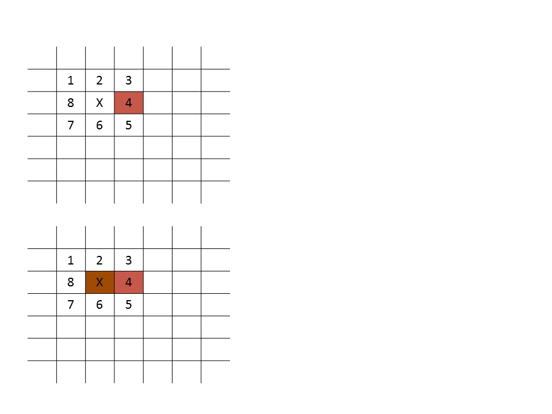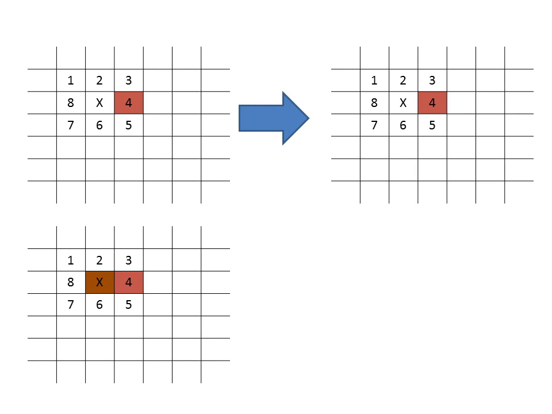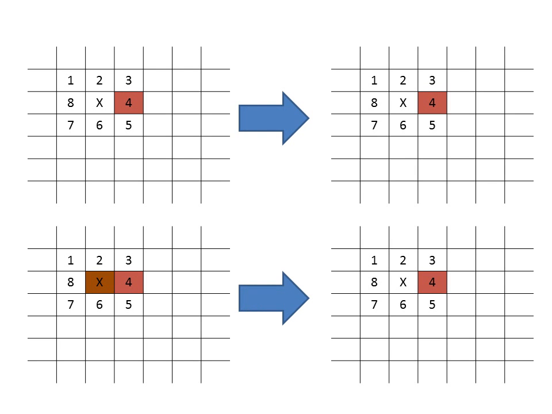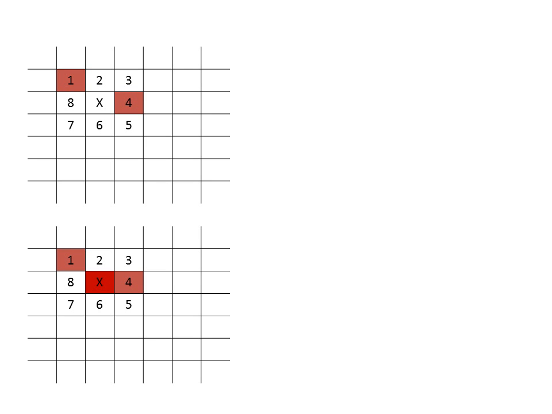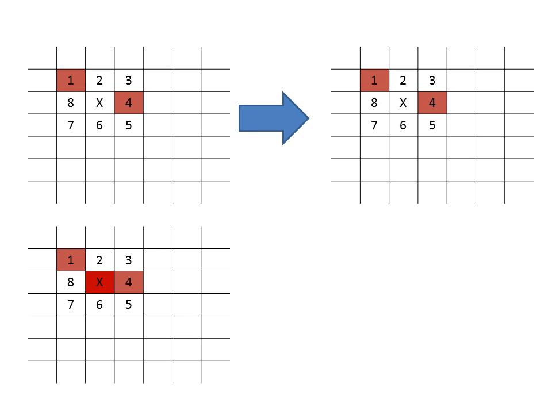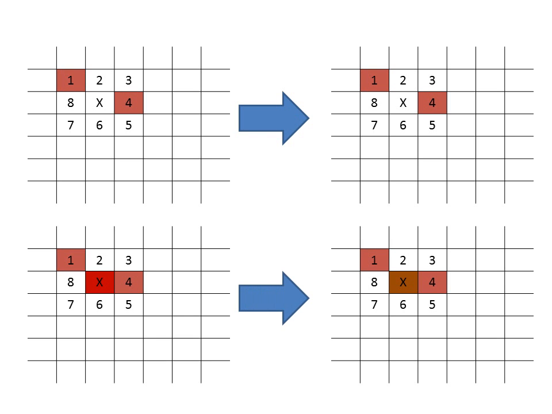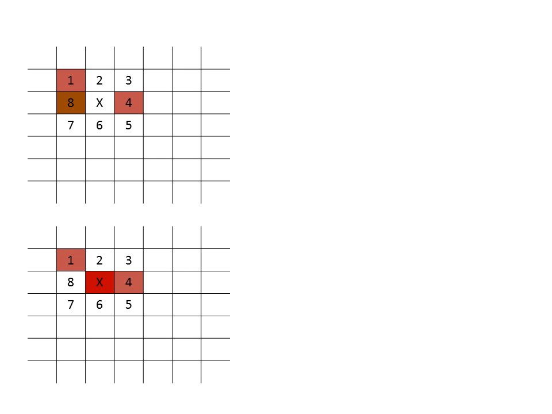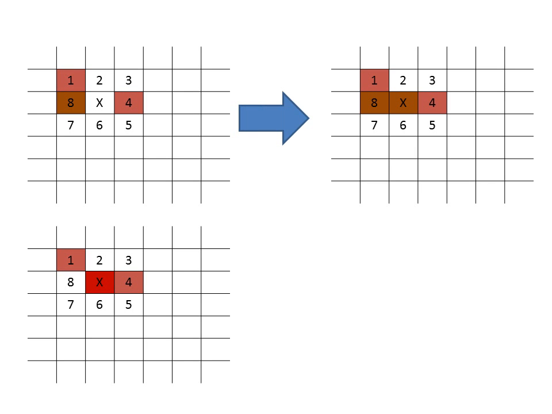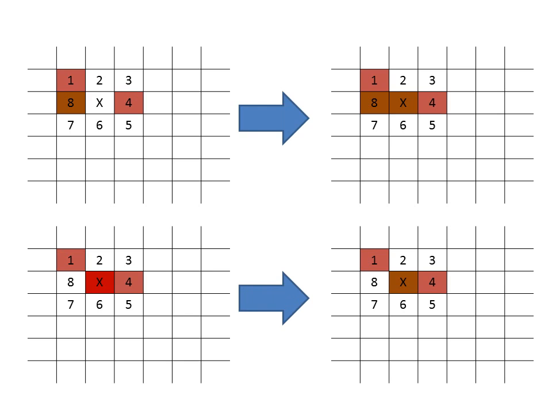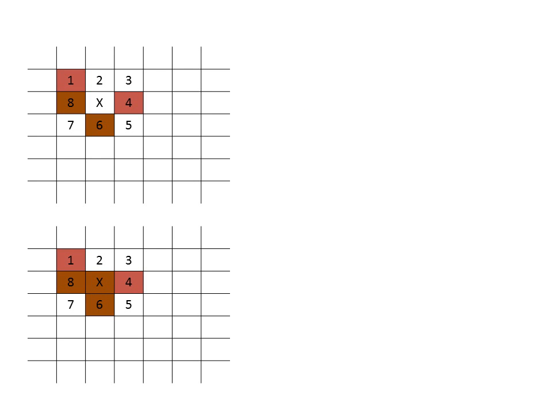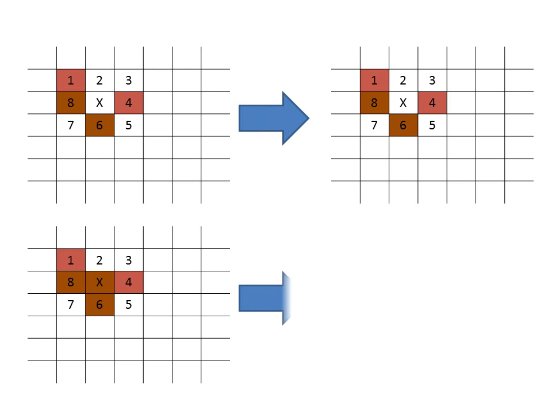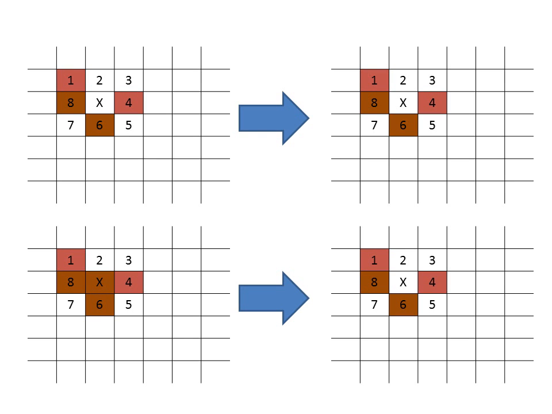Whether you started as on or off, if 0 or 1 of your neighbors are on, you will be off. If 2 of your neighbors are on, you will stay what you were. An off cell stays off, and an on cell stays on. If 3 of your neighbors are on, you will be on, whether you started as off or as on. If more than 3 of your neighbors are on, you will be off, again, regardless of how you started.